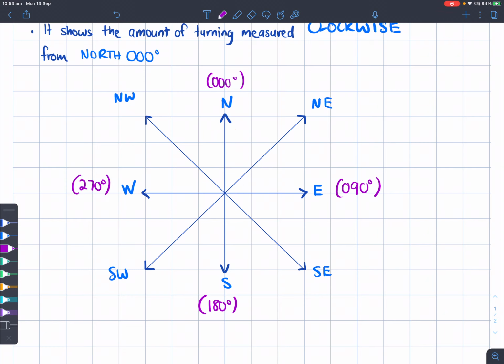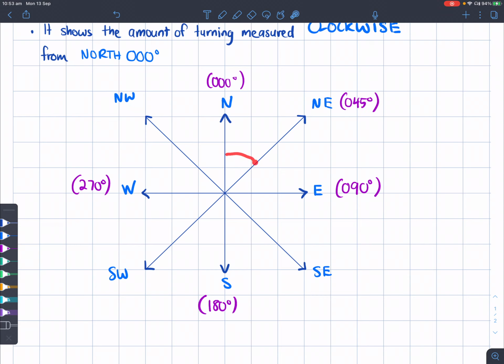All right, now let's analyze these ones: northeast, southeast, southwest, and northwest. Northeast is directly between north and east, and if this angle is 90 degrees, this splits it evenly into 45 and 45. So northeast is 45 degrees, and we write that starting with 0, followed by 45.